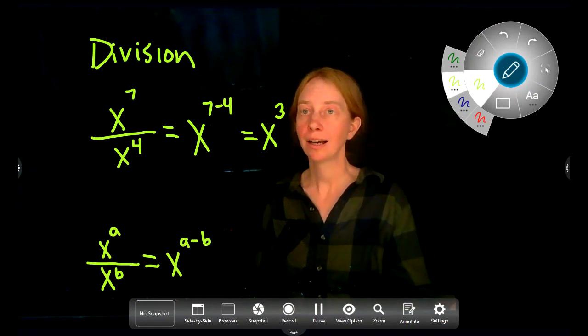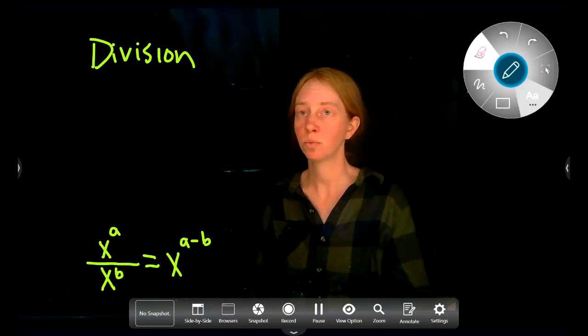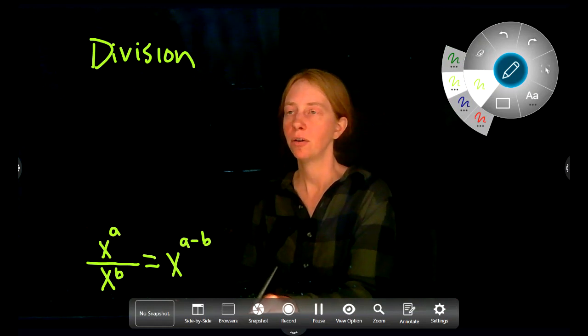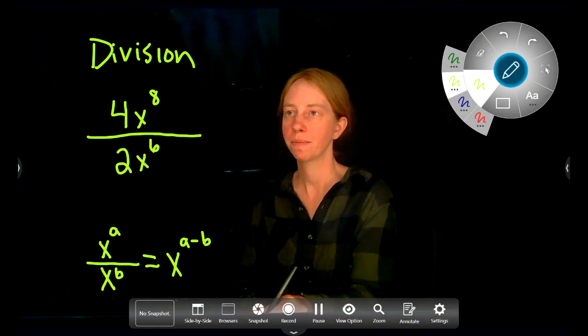Now, if you had something with a coefficient out in front, you can still work this problem. Okay, so let's do something similar. We'll have 4x to the 8th divided by 2x to the 6th.